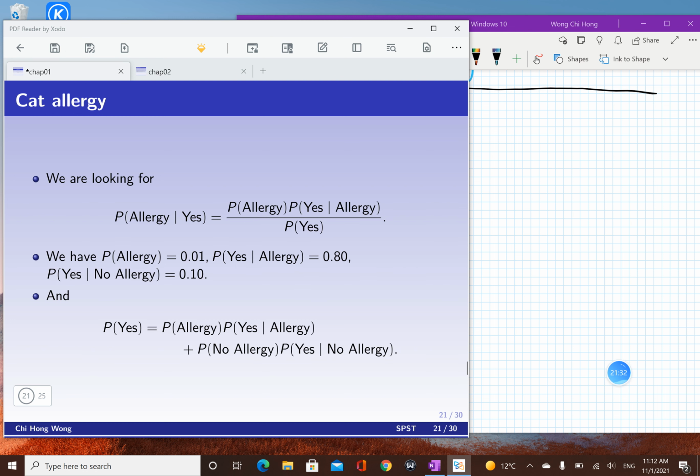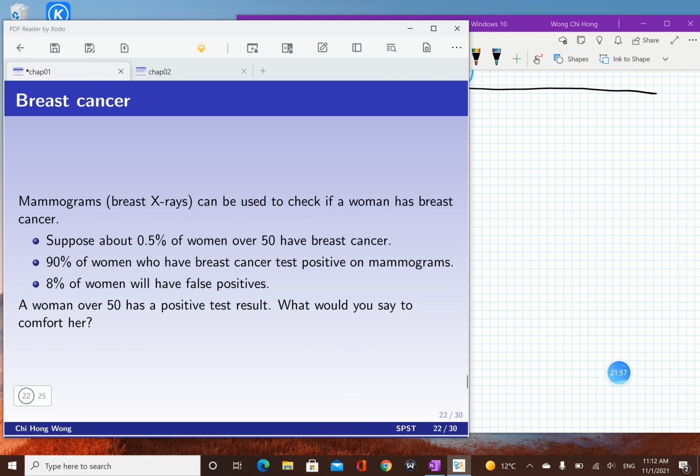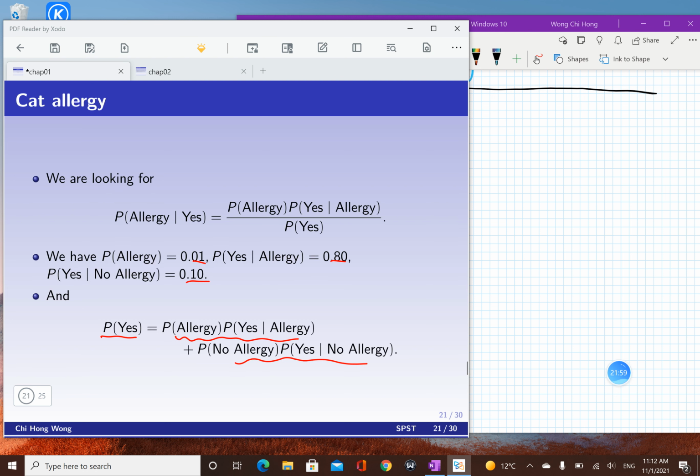Then what we have here is, in order to get a positive result, you either have the allergy and then it says yes, or you don't have the allergy and it still says yes. So we just need to pop all the numbers into the equation.